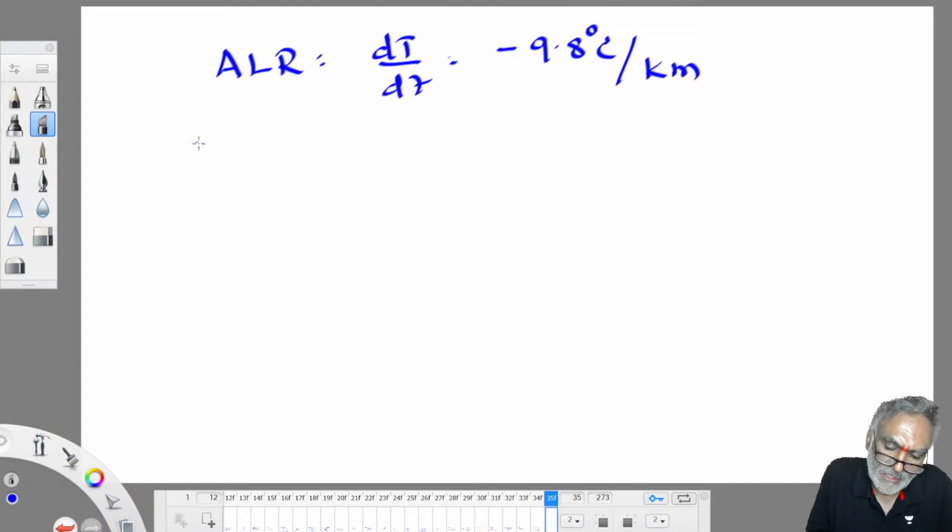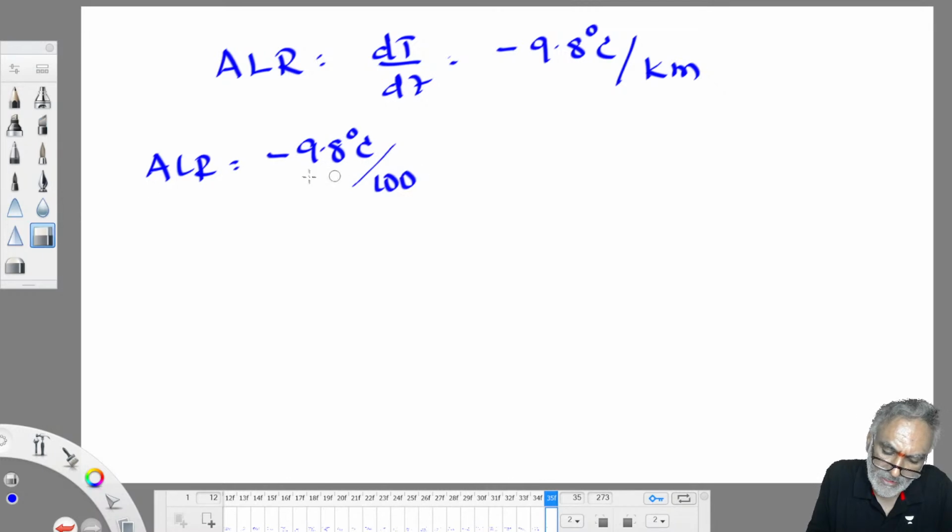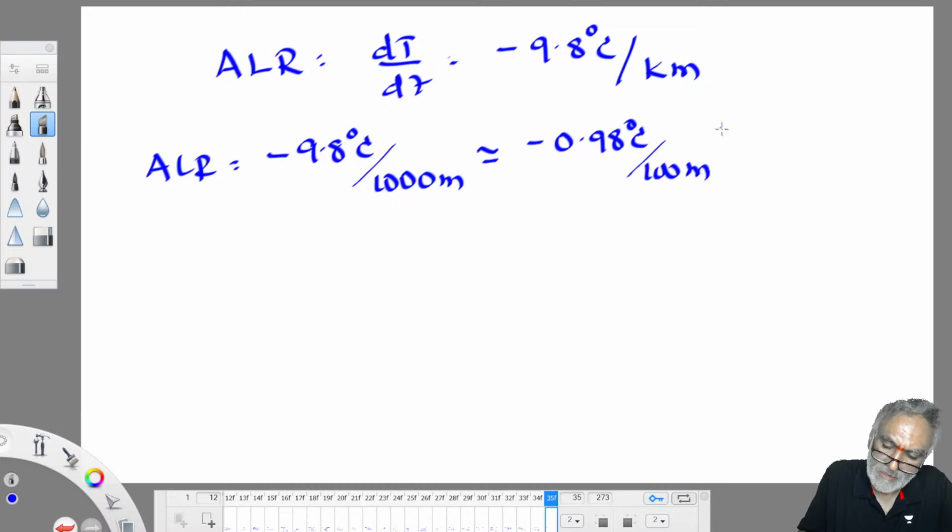So for our comfort and convenience, what we do? This ALR we take as minus 9.8 degrees Celsius per 1000 meters. Kilometer means 1000 meters. Per 100 meters, it is 0.98 degrees Celsius per 100 meters. For our comfort and convenience, we round it as 1 degree Celsius per 100 meters. Easy, no?